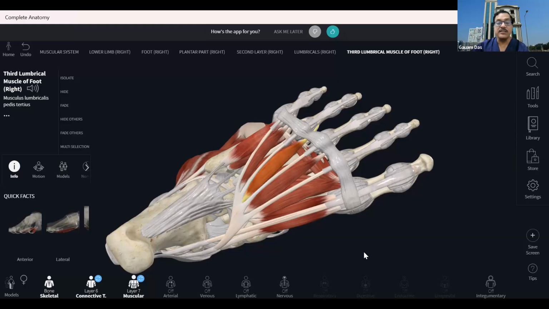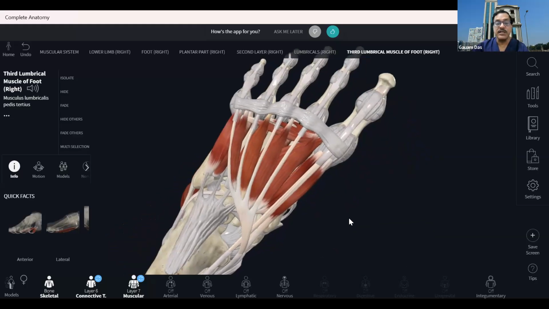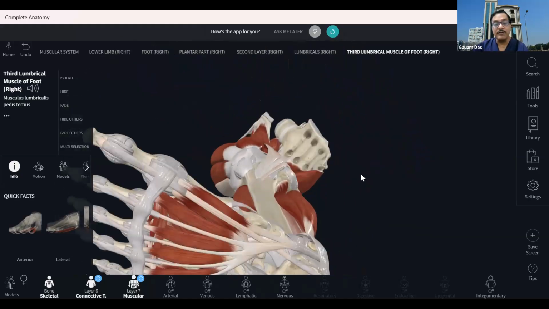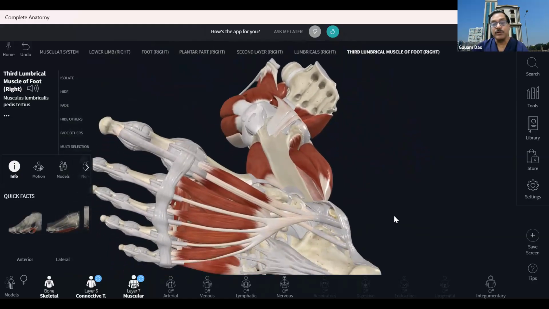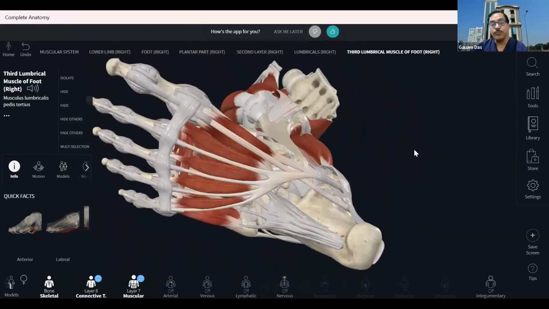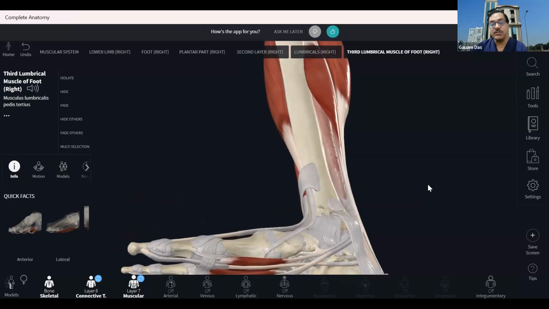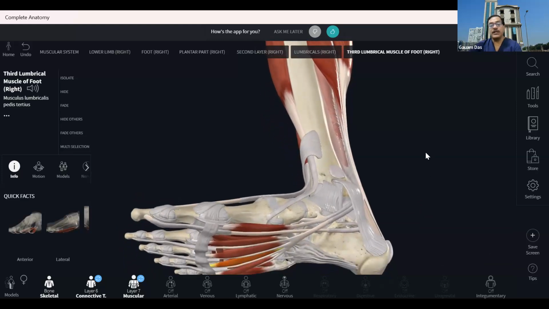Now here is another thing we have to understand and remember. I'm going back to the ankle, and then we'll come back here. In the ankle, you remember the mnemonic? Tom, Dick, Harry.